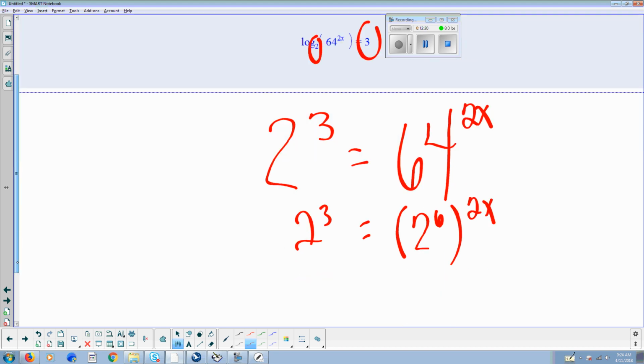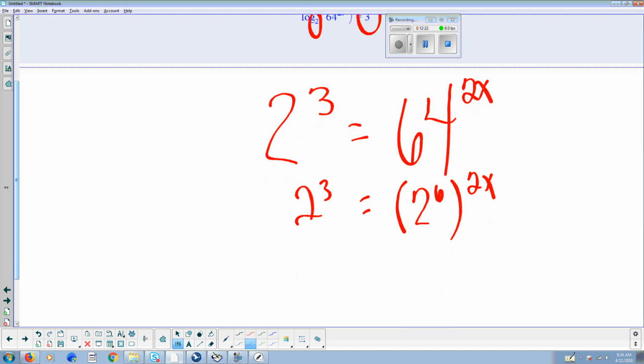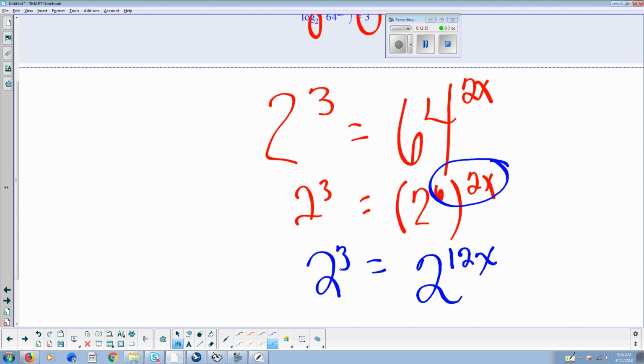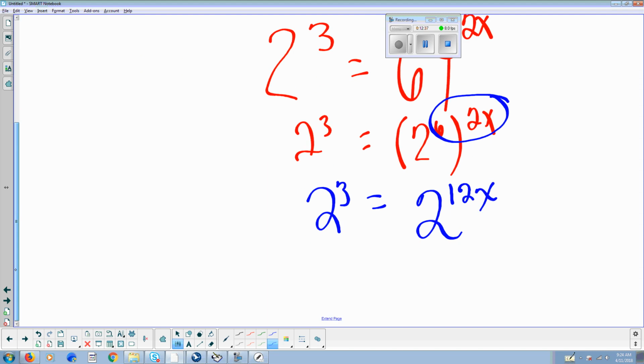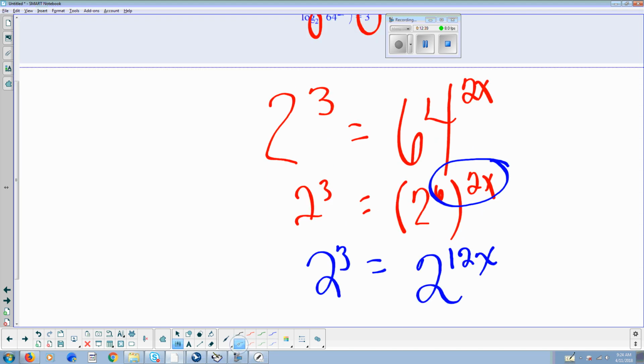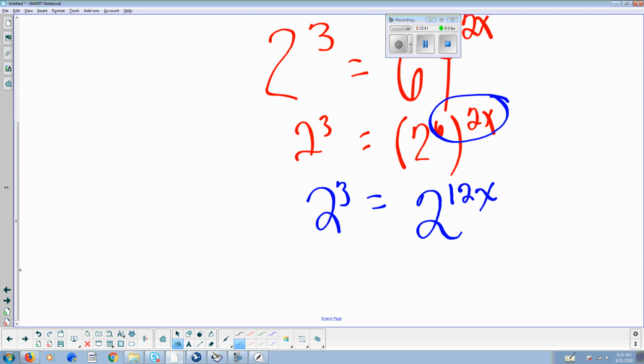So what I've been able to do here is make the bases match. Use the properties of exponents and say that this is 2 to the 12x, because I can multiply powers, equals 2 to the third. And now, since the bases match, I can say that the exponent 3 is equal to the exponent 12x. Divide by 12.